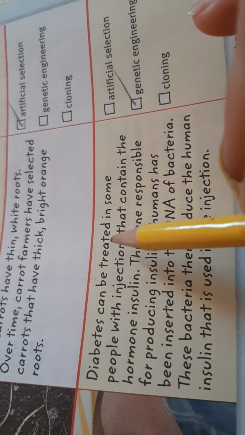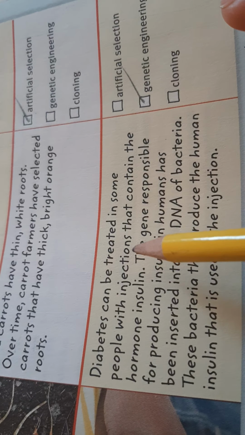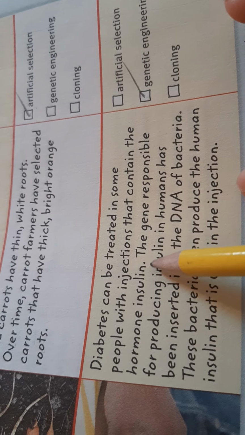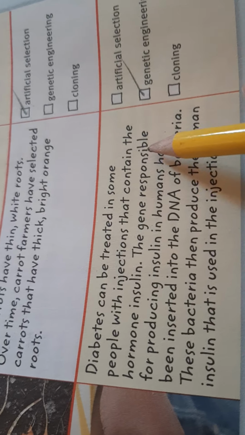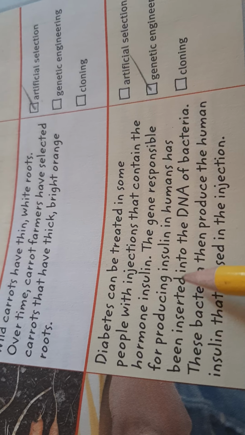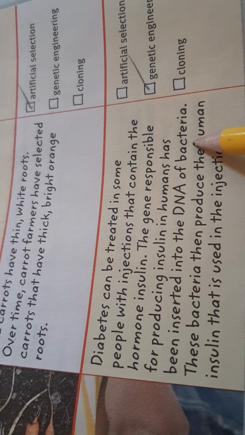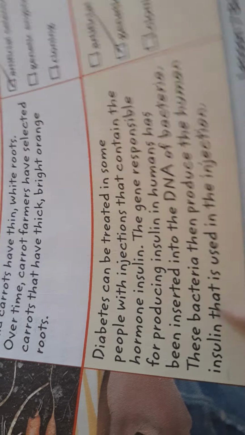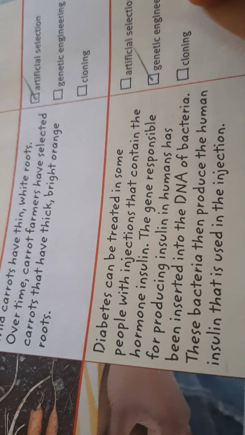Now, diabetes can be treated in some people with injections that contain the hormone insulin. The gene responsible for producing insulin in a human has been inserted into the DNA of bacteria. These bacteria then produce the human insulin that is used in the injection.